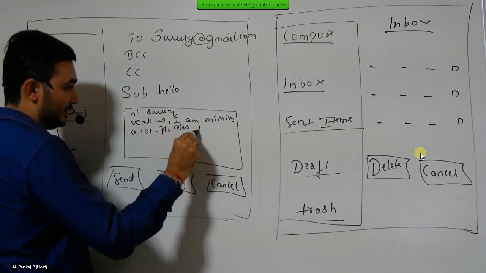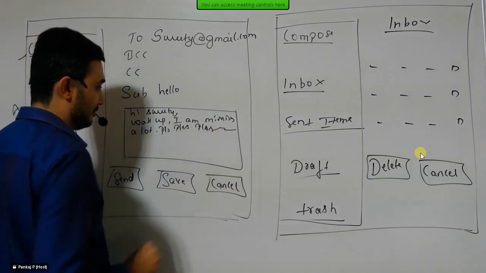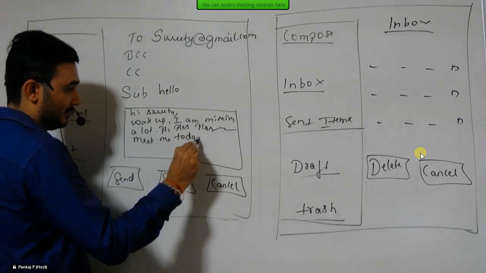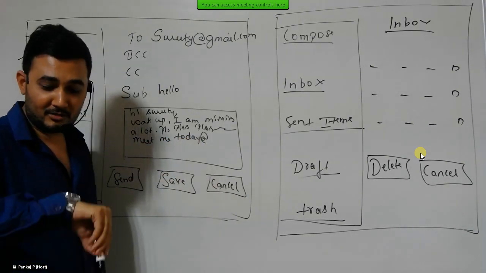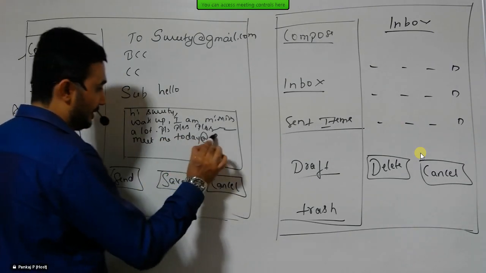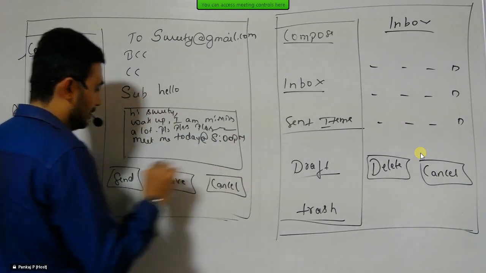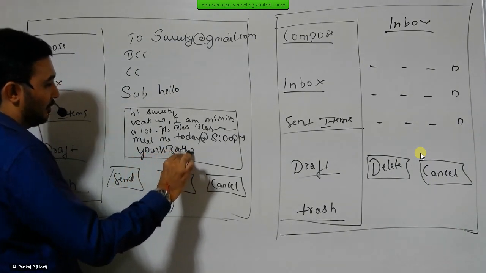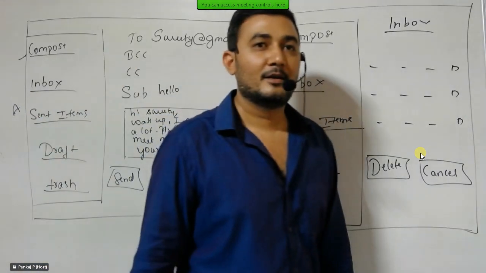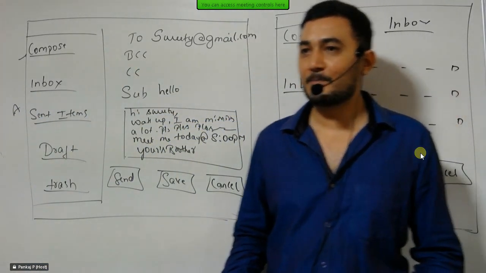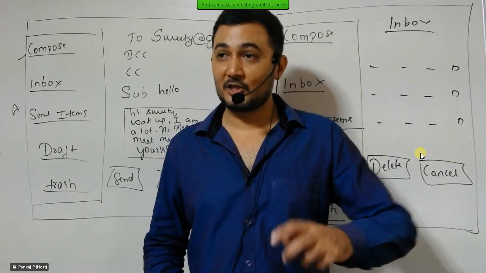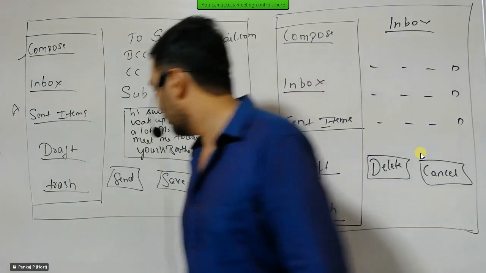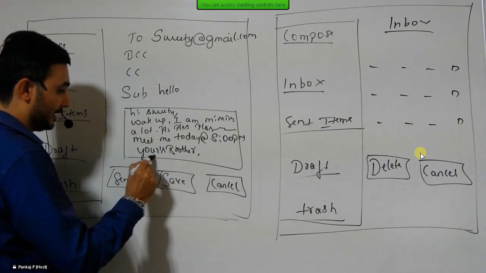Please meet me today. At what time? After the class? Okay, in the evening, let it be 8 p.m. Yours, brother. Corrupted fellows, I don't know what you are thinking all this while. Brother is missing, sister writing email. Yours, brother. They are twins.